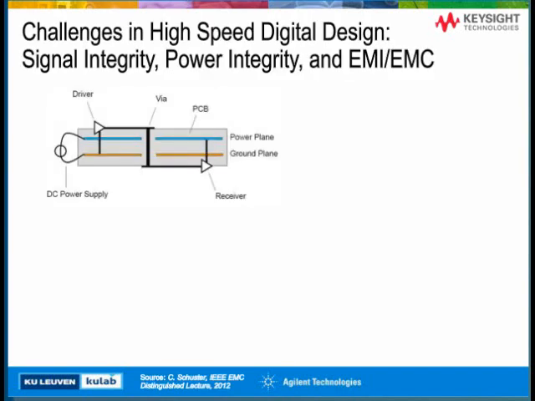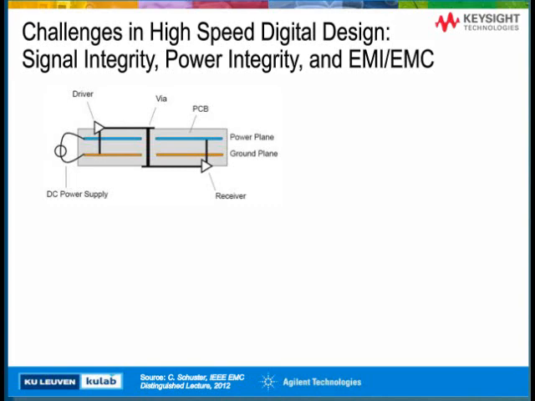So here, what you are seeing is a very typical high-speed PCB board that contains several ICs like drivers and receivers, as well as the grounds and the power planes.